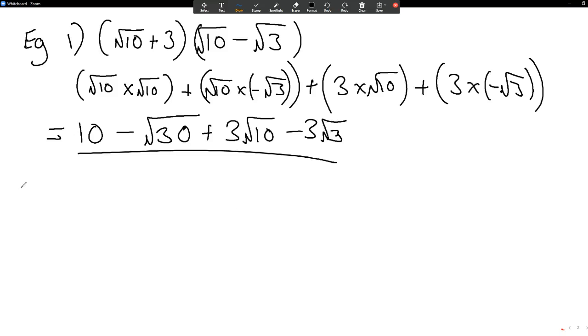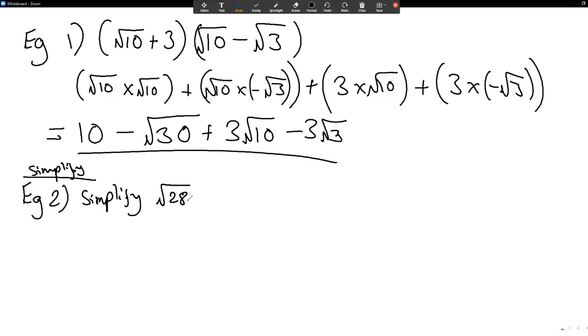Okay, now let's look at simplifying surds. Right. So let's consider if we have to simplify root 28.